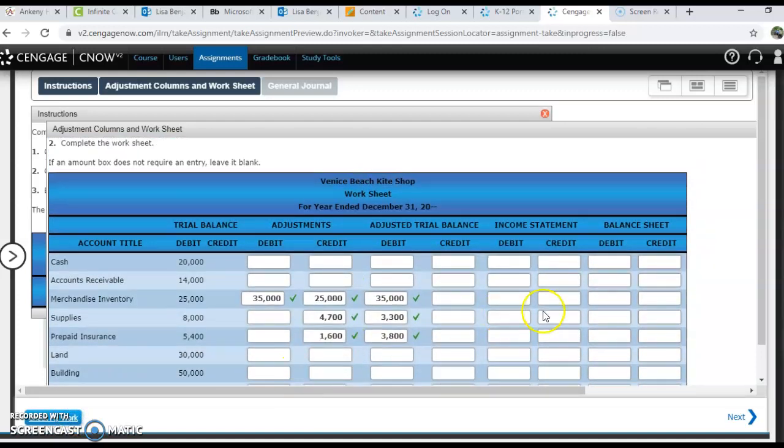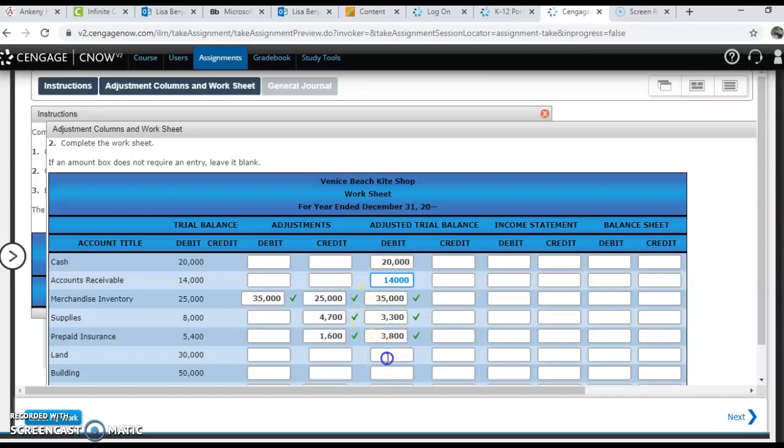So next, I'm doing my adjusted trial balance, which is just adding the trial balance plus any adjustments. If there's no adjustment, you're just pulling it from the debit to the debit. Okay. And so the 14 just gets pulled over. We've already done this one. We added the two debits, subtracted the credit, get the debit balance.